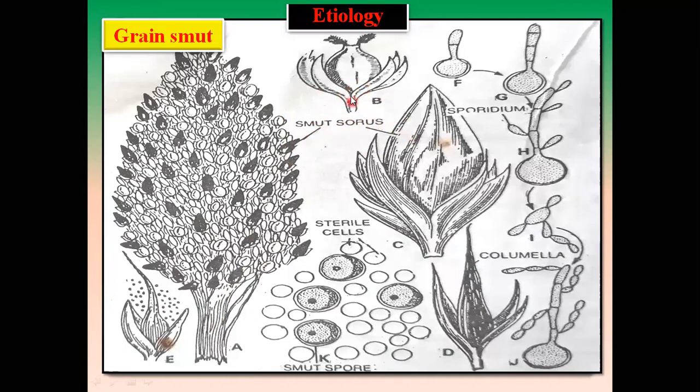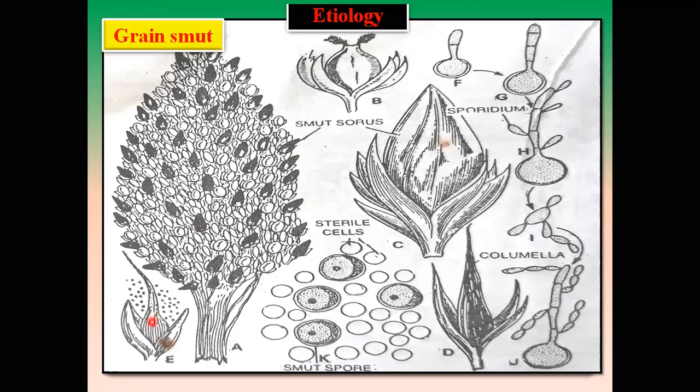This sorus has a columella present. Just see these infected grains: inside the peridium, a large columella is present. This is known as the columella. The columella is always present in grain smut pathogens.